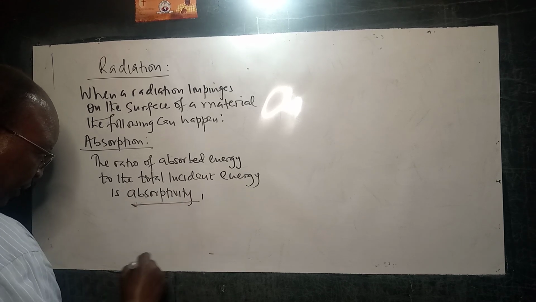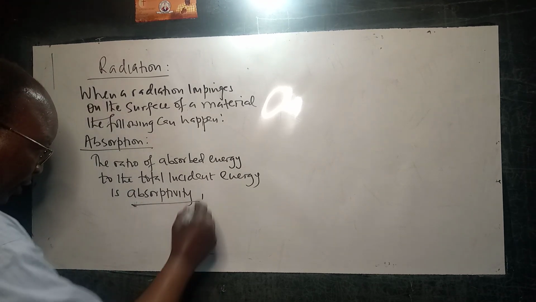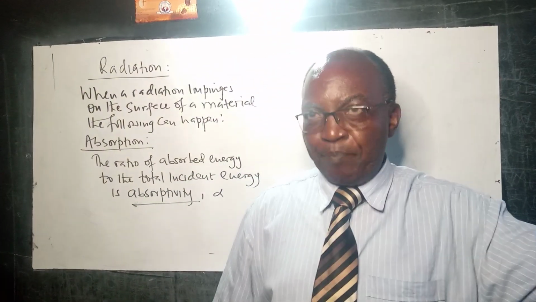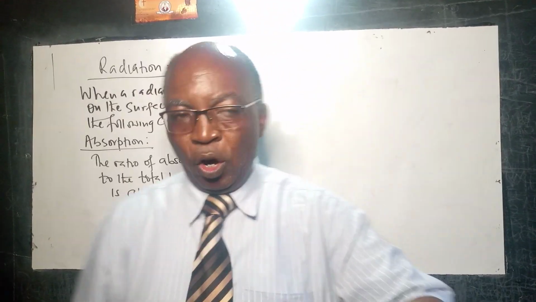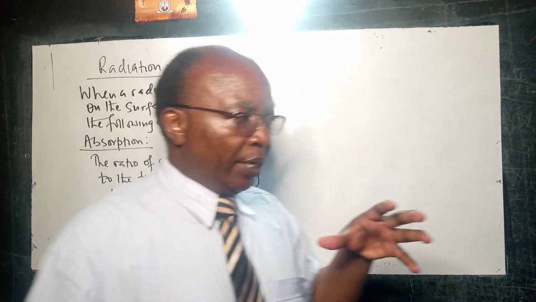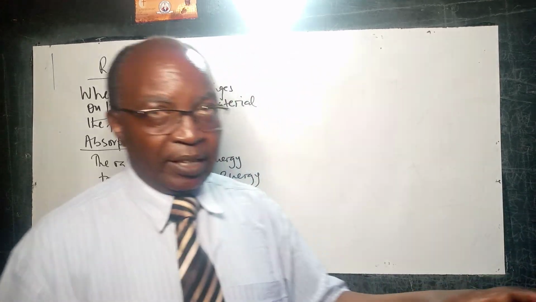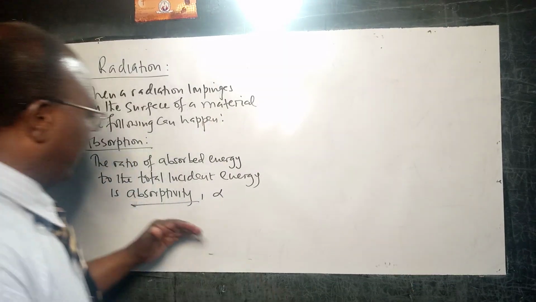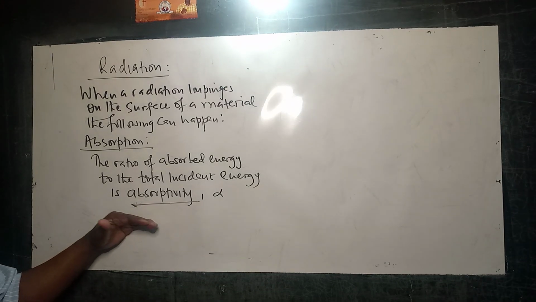And this absorptivity is normally denoted as alpha. In other words, when the radiation impinges on the surface of a material, it can be absorbed. And that ratio of the absorbed energy versus the total incident energy will give you the absorptivity.